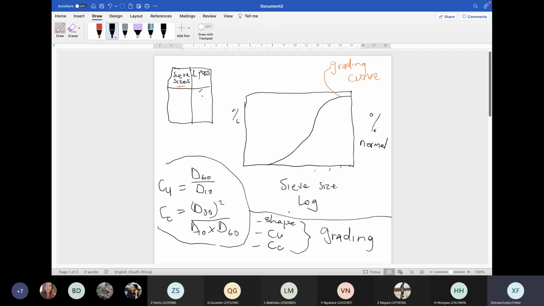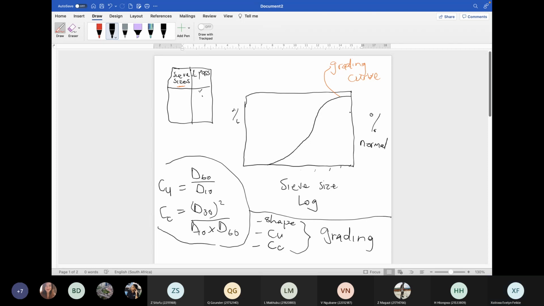What do you need to understand? What do they mean? How did they know that it is well graded or poorly graded or whatever? For example, if I say this is well graded, how did I realize? We said a well graded soil is soil that will have all the particles, if not most, represented in that curve or that soil.